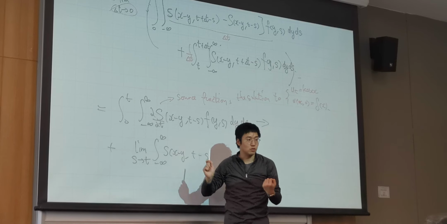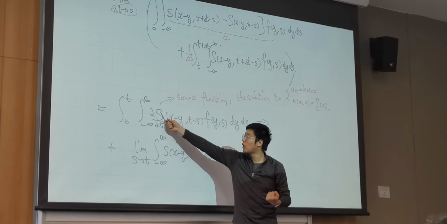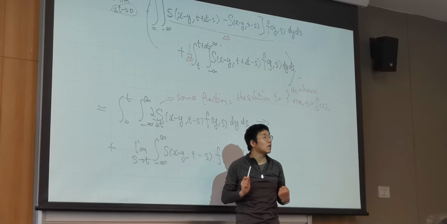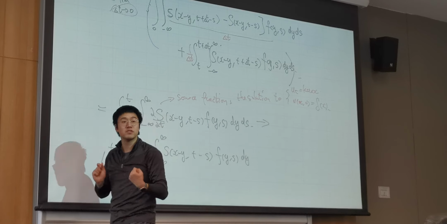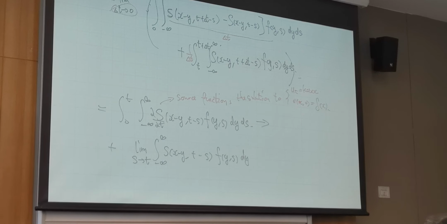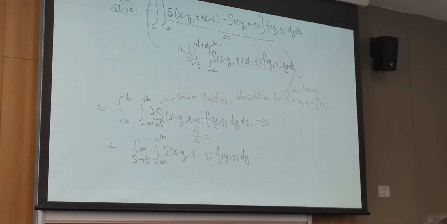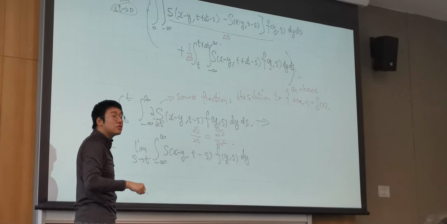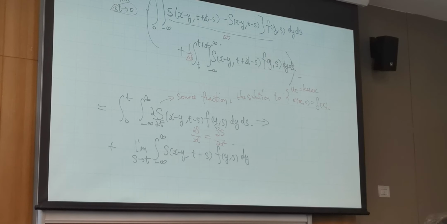So S is also a solution, and the partial S partial T should be exactly the second order spatial derivative of S. That means partial S partial T exactly equals the second order derivative of S in space. Sounds good?